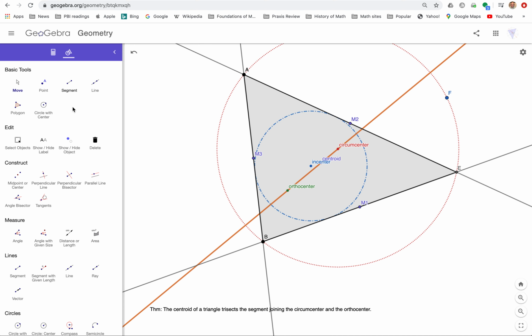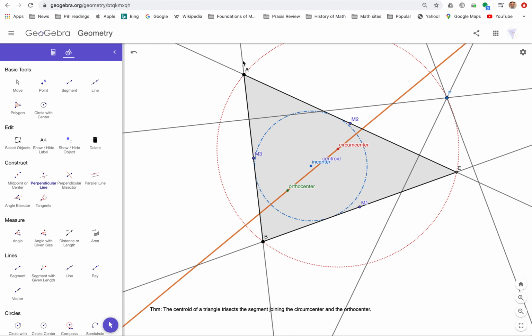From that, I'm going to drop perpendiculars to each of the sides. And notice I'm choosing the extensions here so that even if we go outside the circle, these will work. Okay.